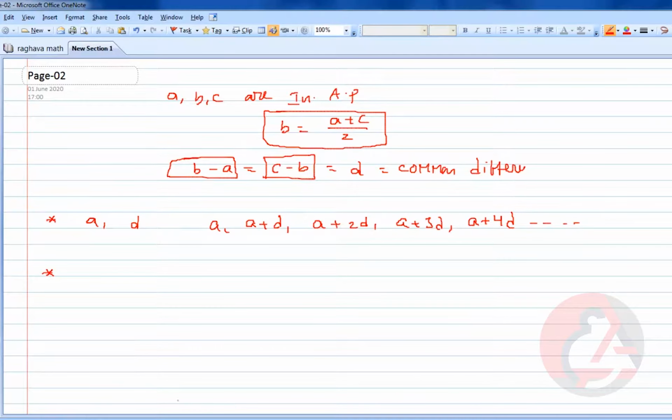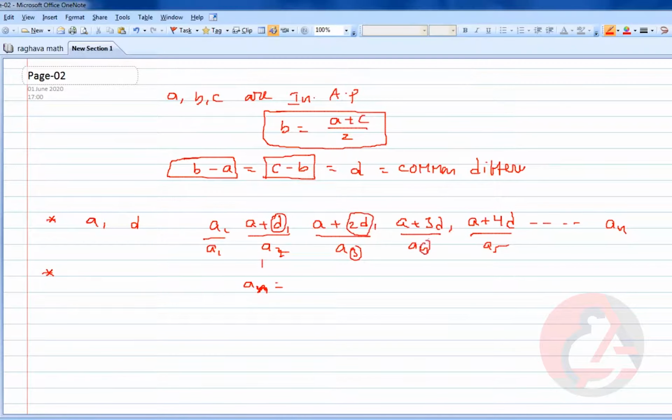Okay. See, now this is the first term called A1, A2, A3, A4, A5. Like this, if I want to write AN, what is the AN formula? What is the meaning of the nth term? See, based on this, you can write. If it is the second, you are adding D one time. If it is the third, you are adding D two times.